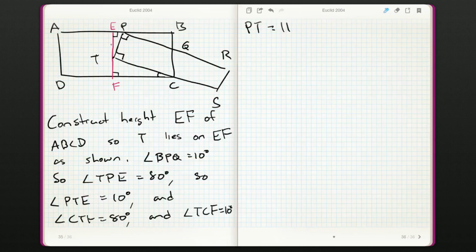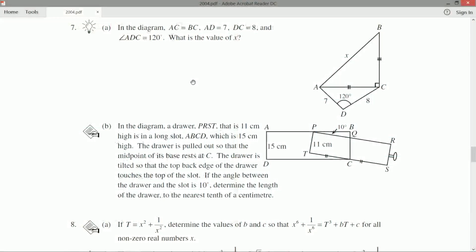And then from there, we can get TF, because we got to have a total of EF being 15. And from there, using either similar triangles or sine law again, we can get CT, double it to get ST, and that was what we wanted. We wanted the length of the drawer, to the nearest centimeter.